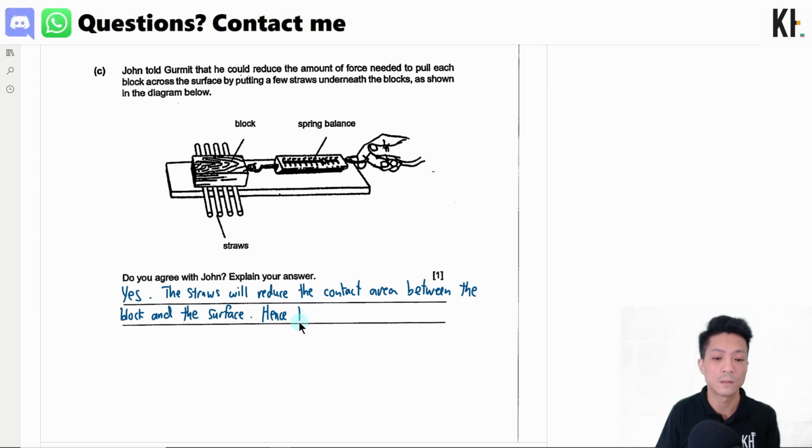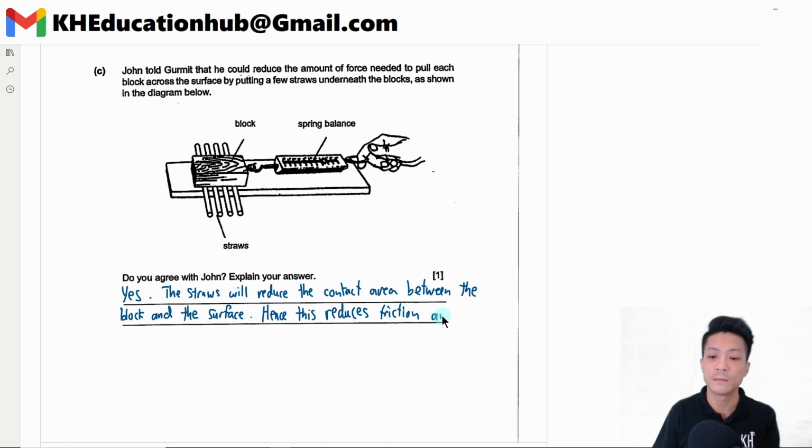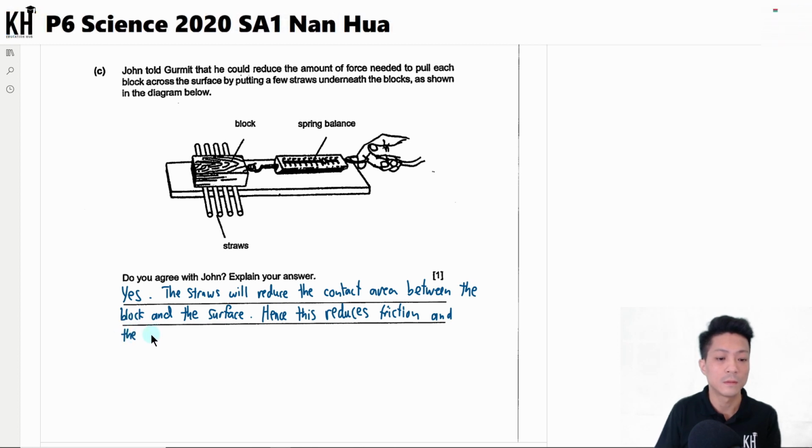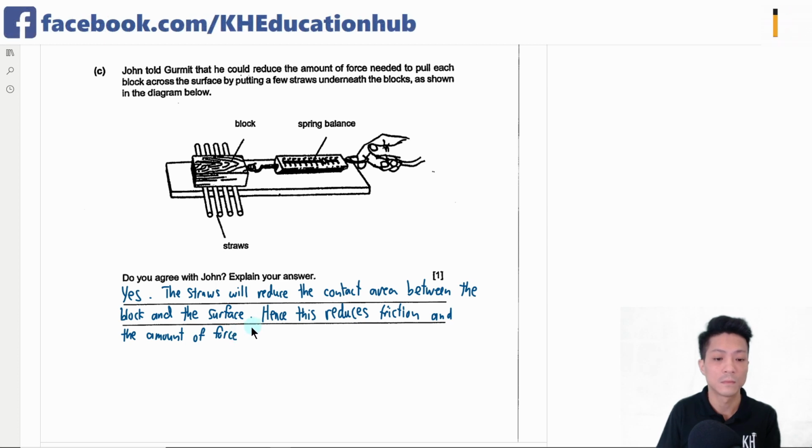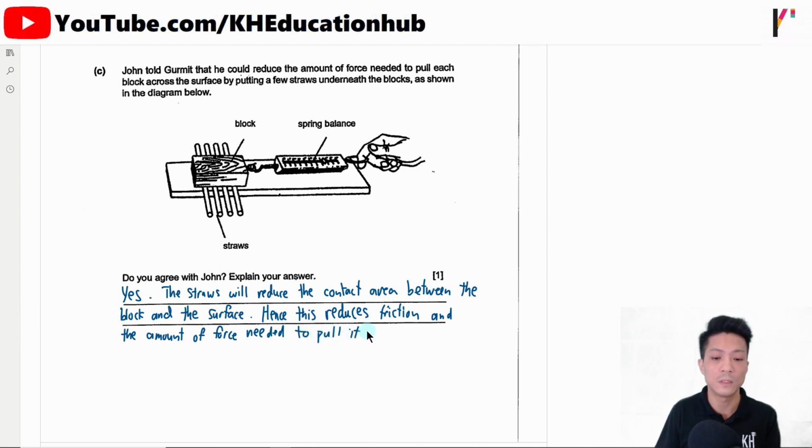Hence, this reduces friction and the amount of force needed to pull it will reduce.